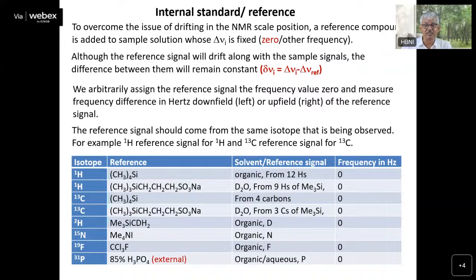But when we call it external, we are not putting the reference in the solution of the sample. What we are doing is putting it in a capillary tube, and the capillary tube is put inside the NMR tube. So there is no direct mixing of the reference with the sample. That part is clear. That's why it is called external, but still it will record the NMR.